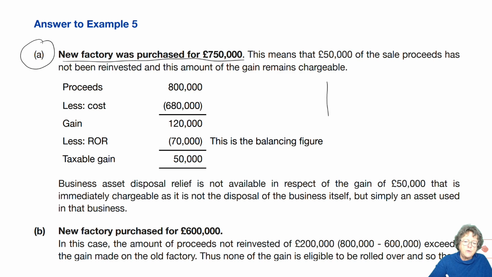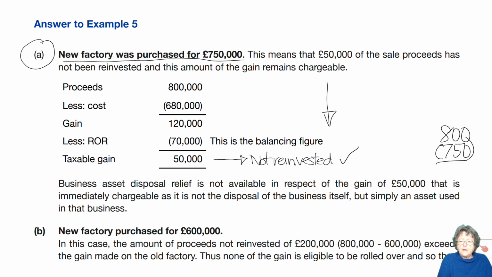So you would do that down as we did in the question. We know that that is the amount that was not reinvested, so we can actually put that in the answer. And we would obviously show in the exam question how we come to that figure, because it's 800,000, which was the proceeds, less what he bought it for. So that's obviously 50,000, which means that this is the balancing figure that you can then claim for rollover, which would then be deducted from the cost, the 800,000, to work out the base cost.